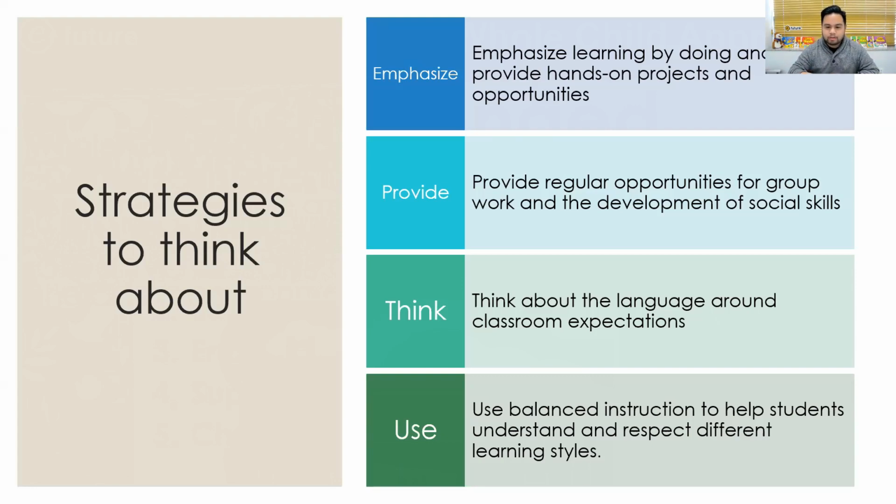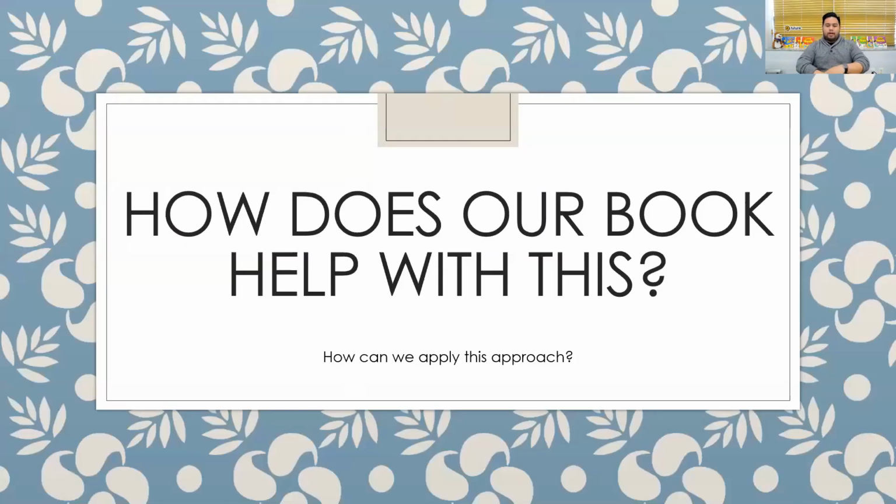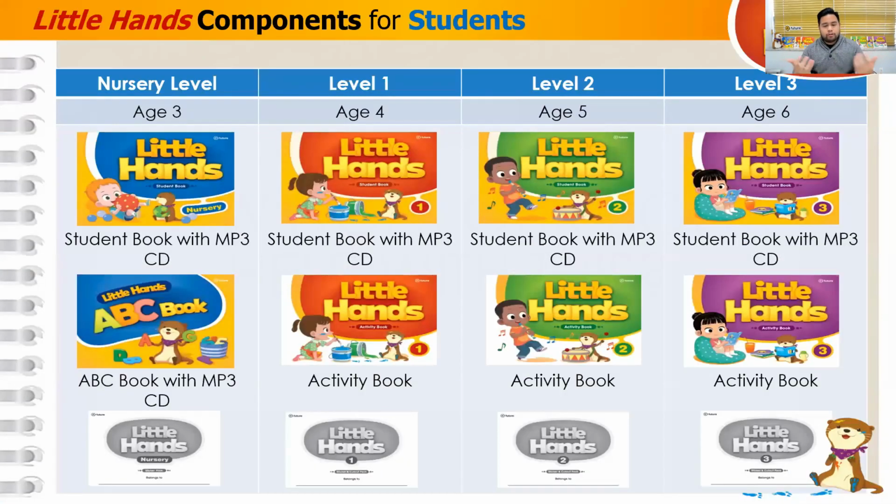All right. So going off that, now we're going to go with our book, and look at how we can apply all these approaches and tips when we're going through each lesson. So what we're going to use is eFuture's kindergarten course book, Little Hands.